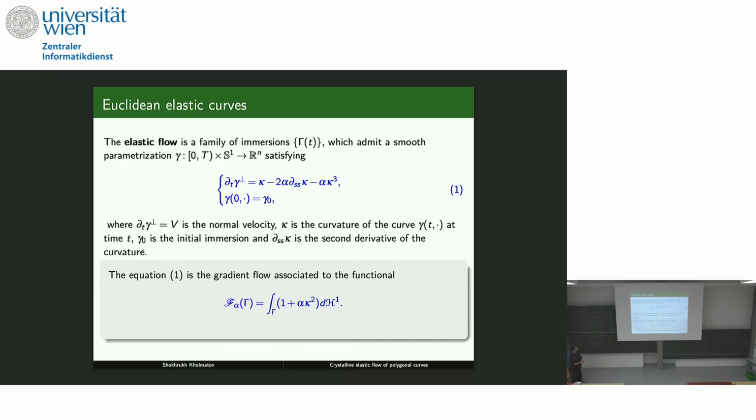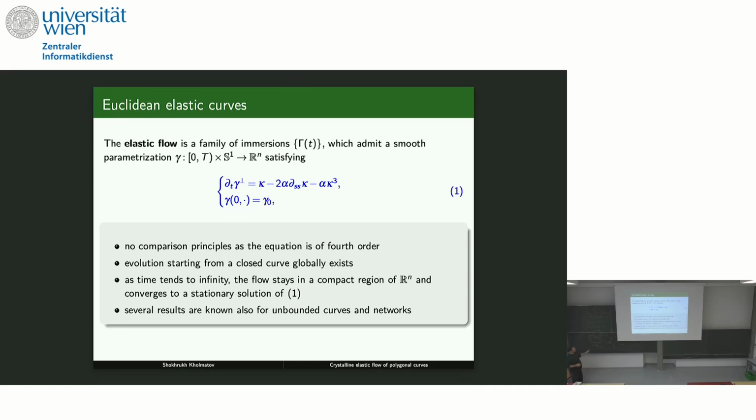And this is a very complicated system. Here, the first order system is already explained. No comparison principle, and no preservation of nice things like convexity or embeddedness or these kinds of things is expected.